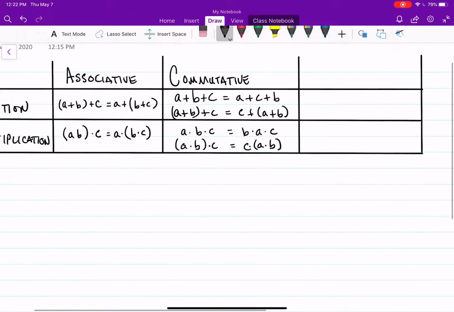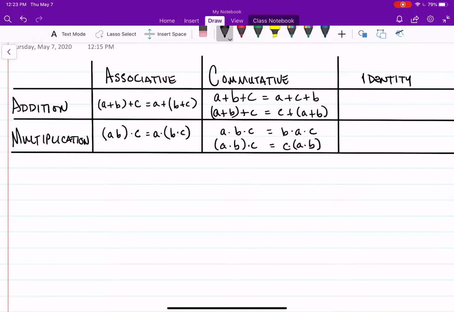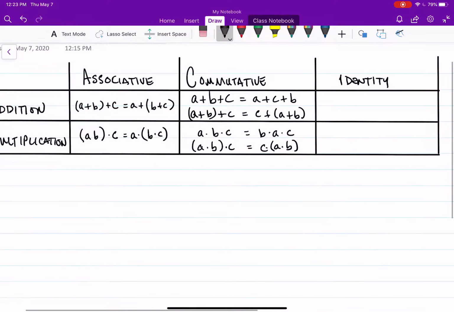And the last thing here, well, there's one more after this, but it's kind of a combination of addition and multiplication. The last one that I want to talk about over here is identity. The identity property of addition means, if I give you any number, like let's say 3, adding what to 3 will give me an identical result?